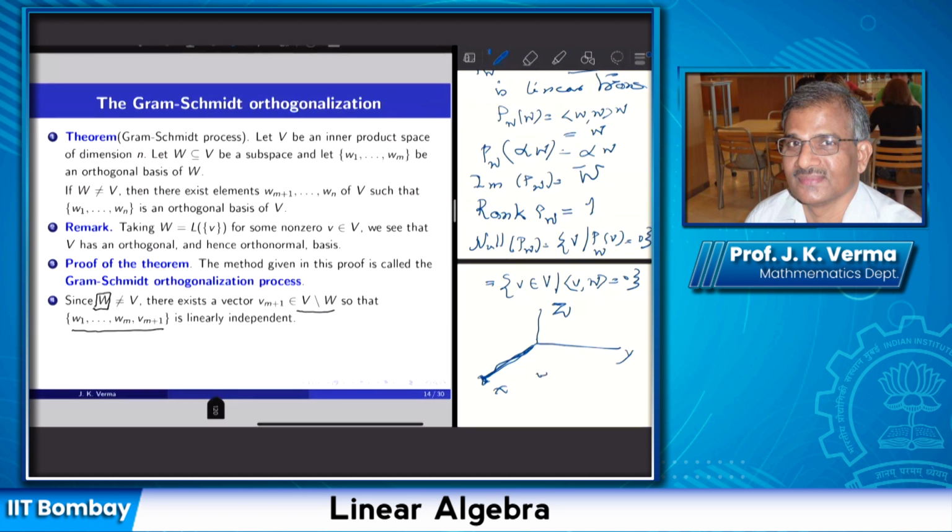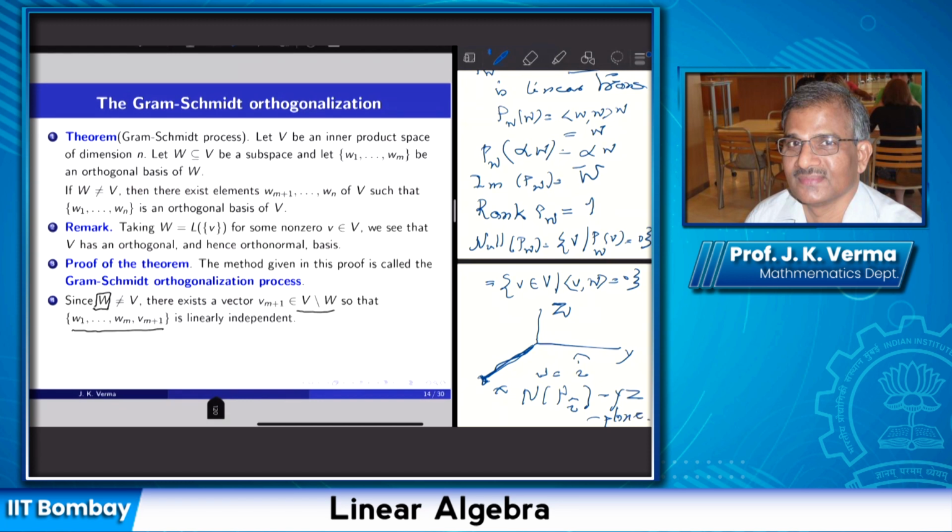If my W is just the unit vector i, then the null space of the projection operator with respect to this unit vector i is all vectors which are perpendicular to the x-axis, and that is the YZ plane.